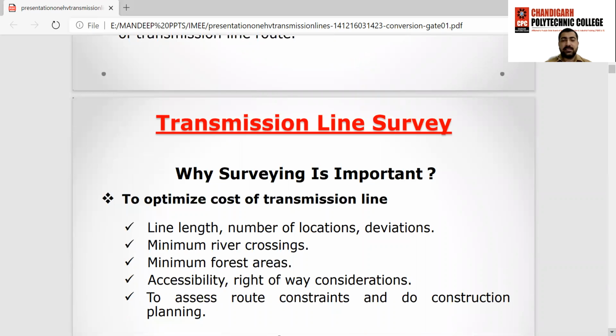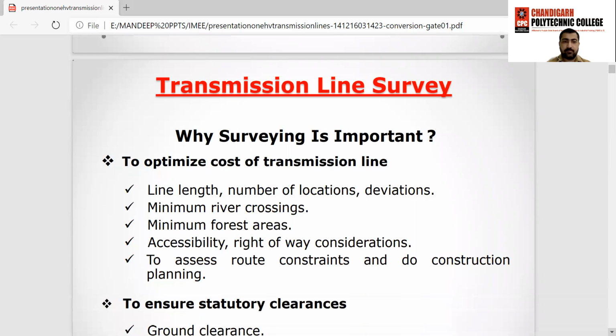Why is surveying important? To optimize the cost of transmission line: length, number of locations and deviations, minimum river crossings, minimum forest areas, accessibility, right of way considerations, to assess route constraints and do construction planning.